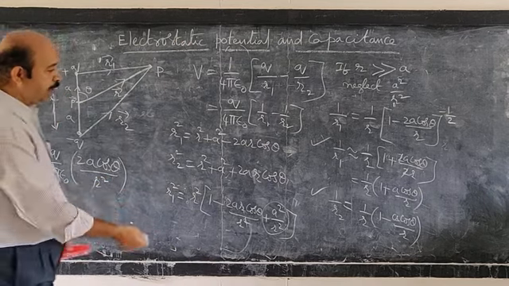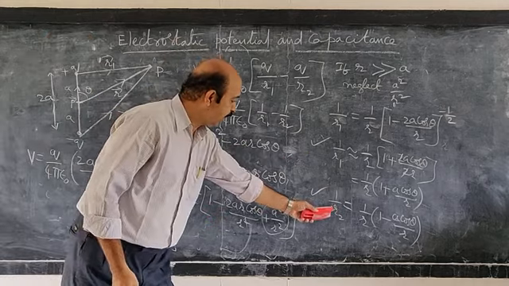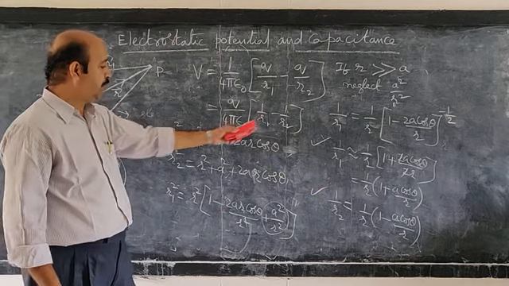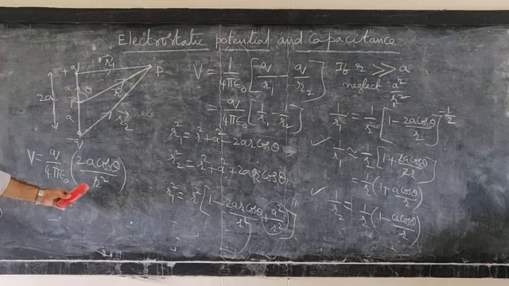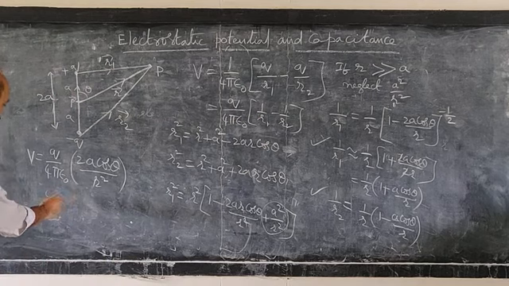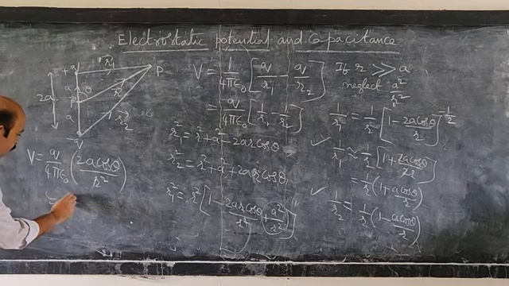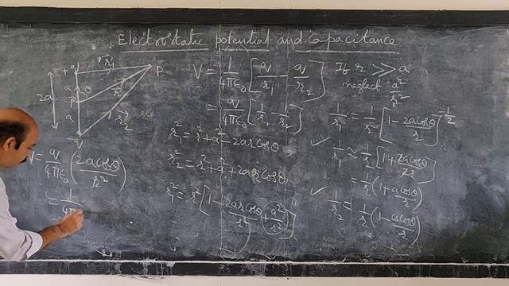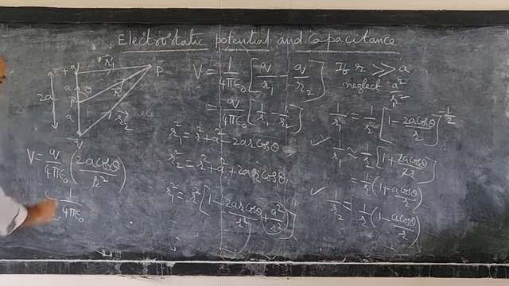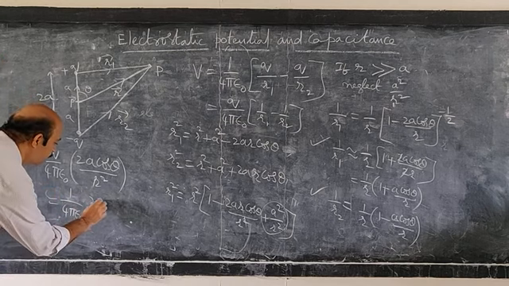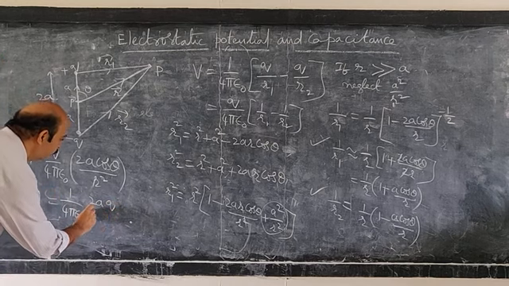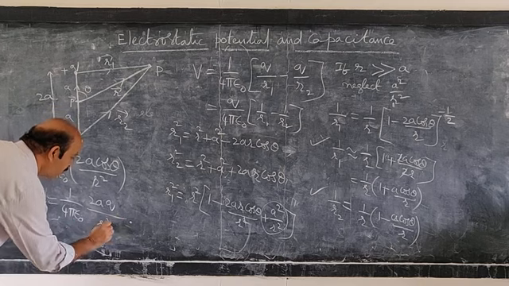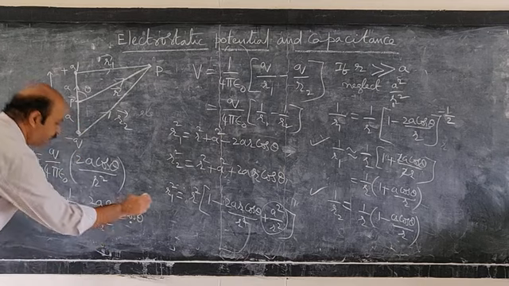So substituting for 1 by R1 and 1 by R2 in this equation, the formula will become like this. Here I will rewrite it like this: 1 by 4 pi epsilon naught, 2a into q by R square into cos theta.